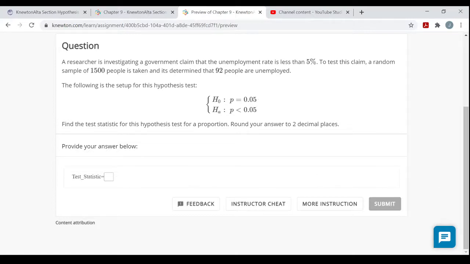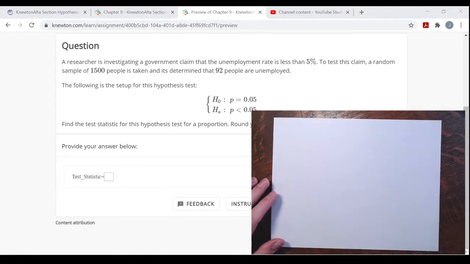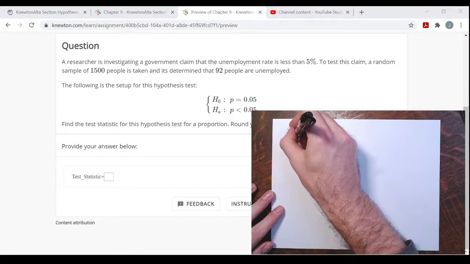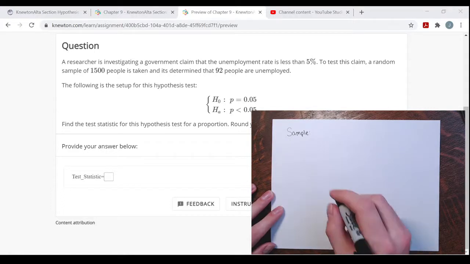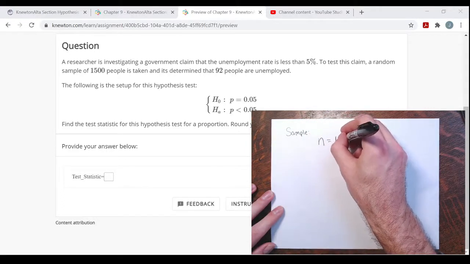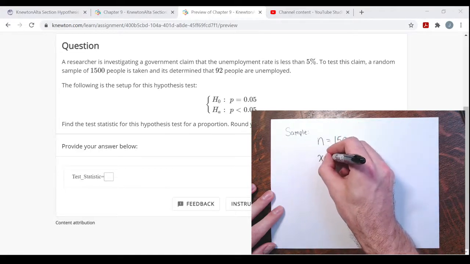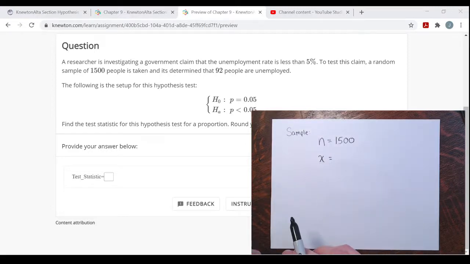So now let's go to our sample. I'm going to just pull up a piece of paper on this page here. Hopefully you can see this. All they ask us for is the test statistic. Now the size of the sample is 1,500. That's the n. If you remember from the first video on this objective, lowercase x represented the number of successes.